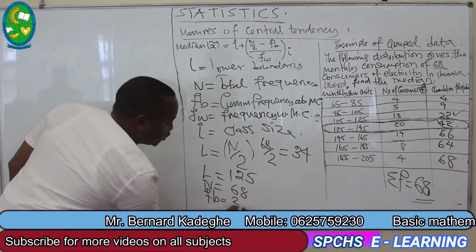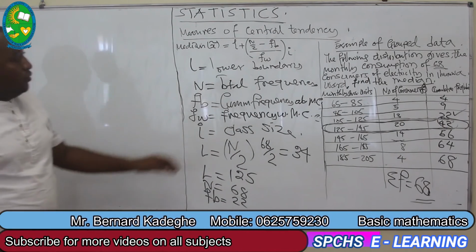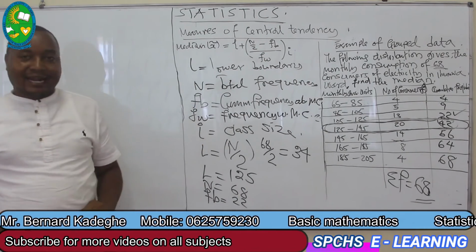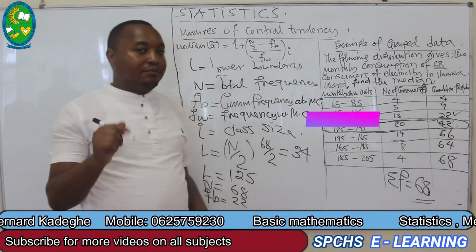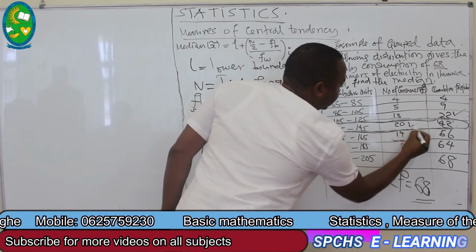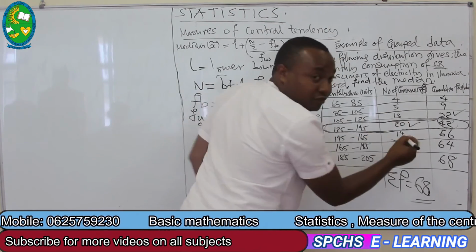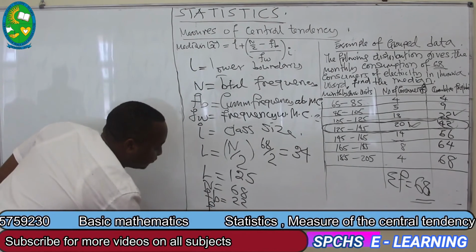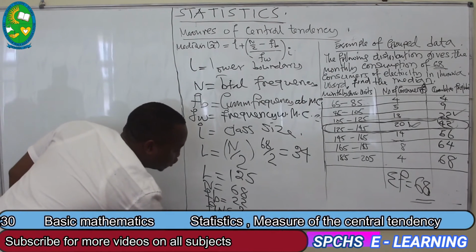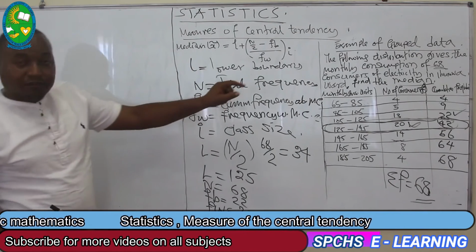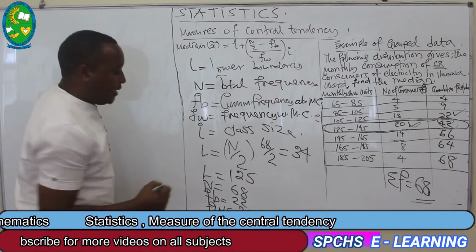It is 22. Then we have the frequency within the median class, this one, which is 20. So FW is 20, right? Then we are left with I.